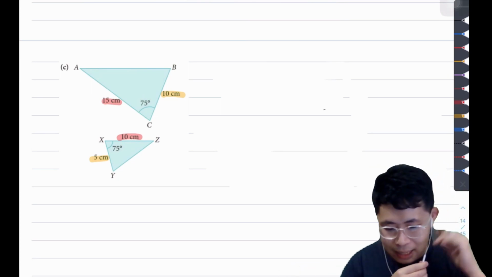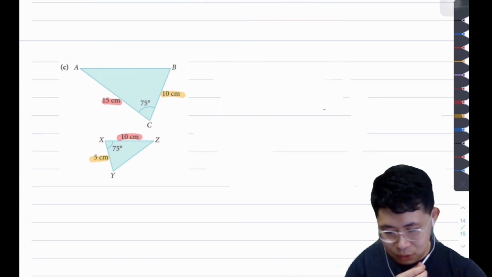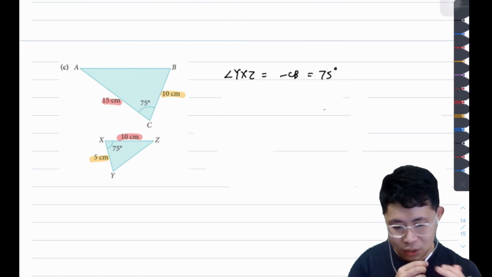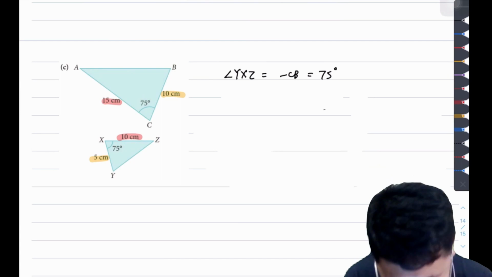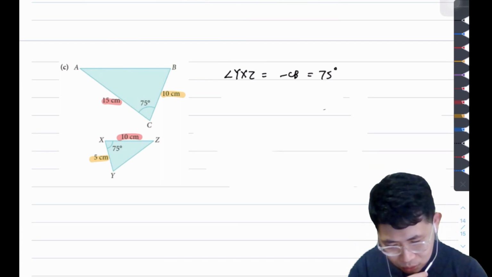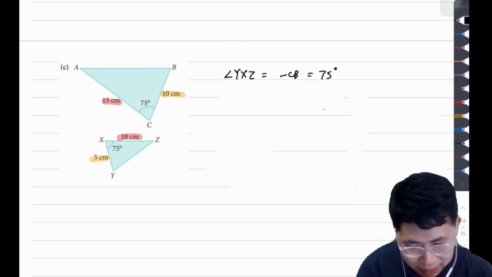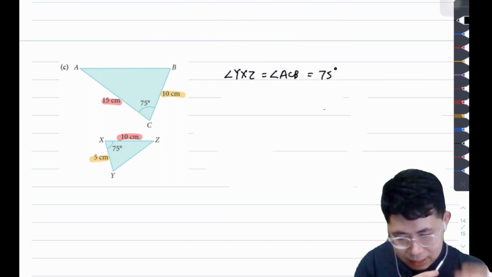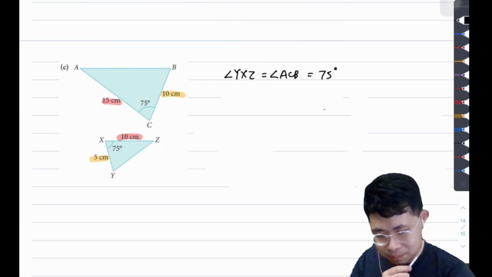For the first one, let's match the angles first. Angle YXZ equals angle ACB, and this equals 75 degrees.